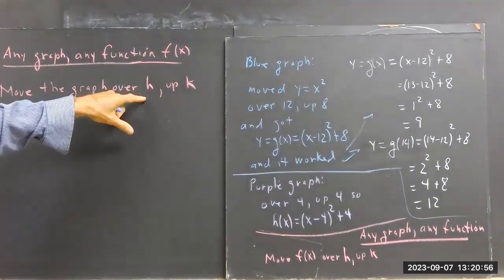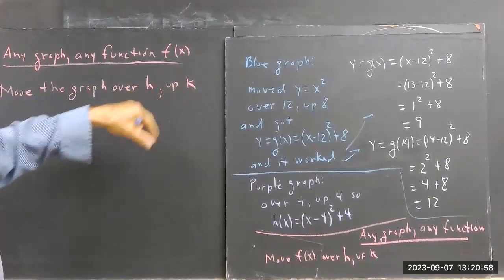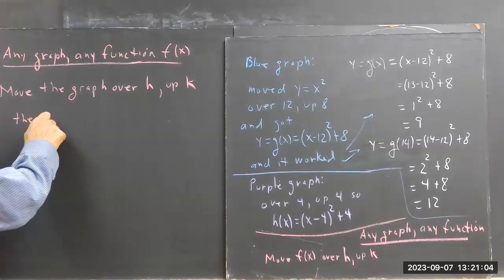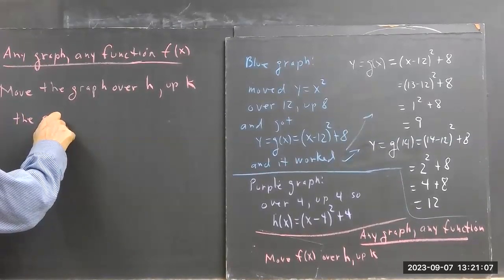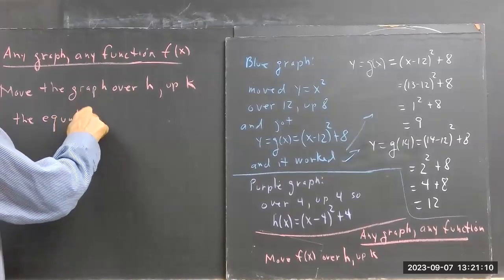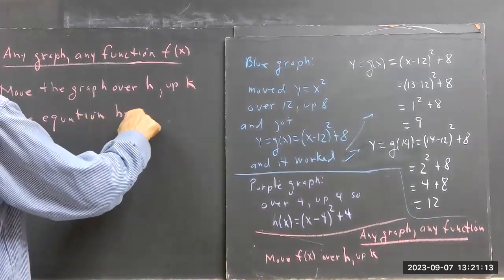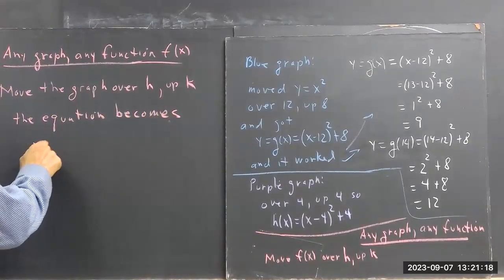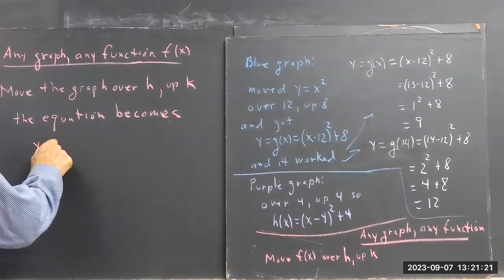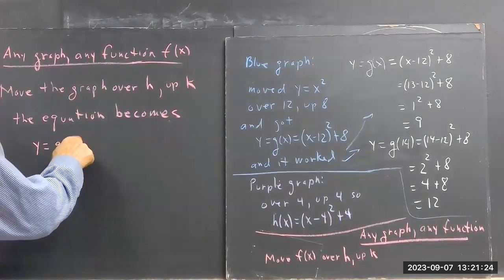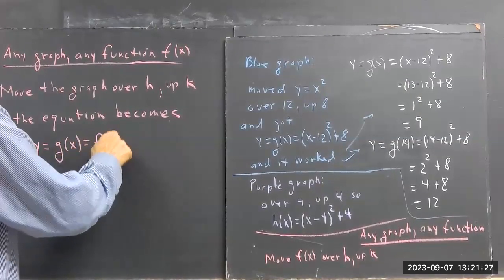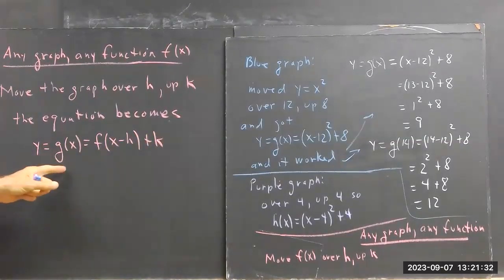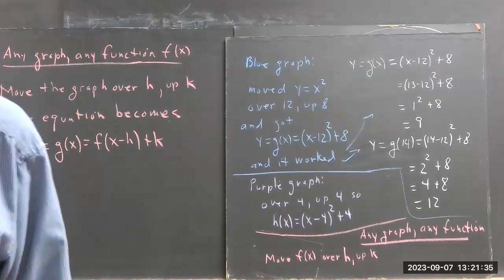Move the graph over h, up k. Okay. The equation becomes y equals g of x equals f of x minus h plus k.